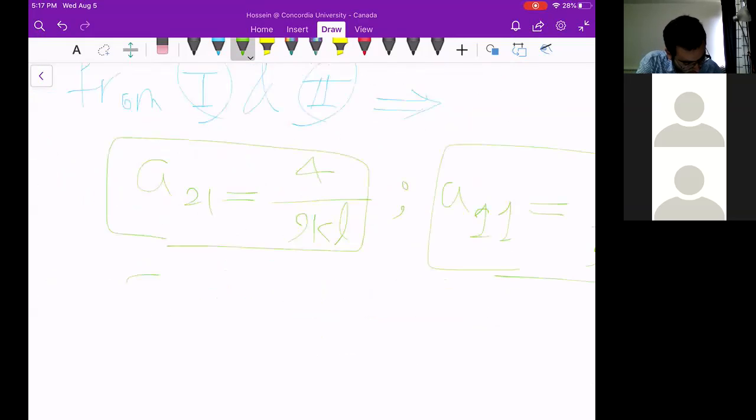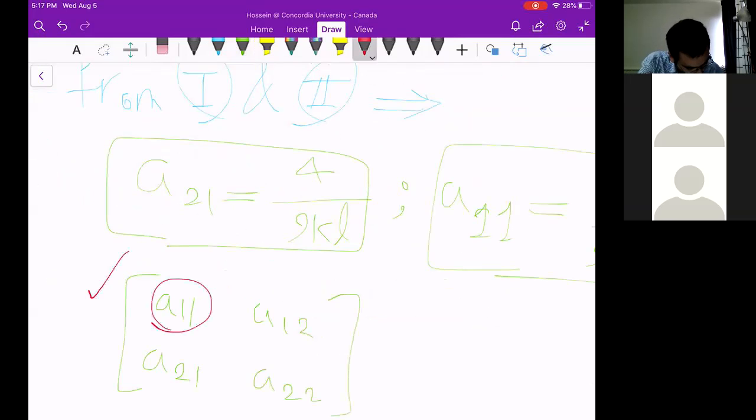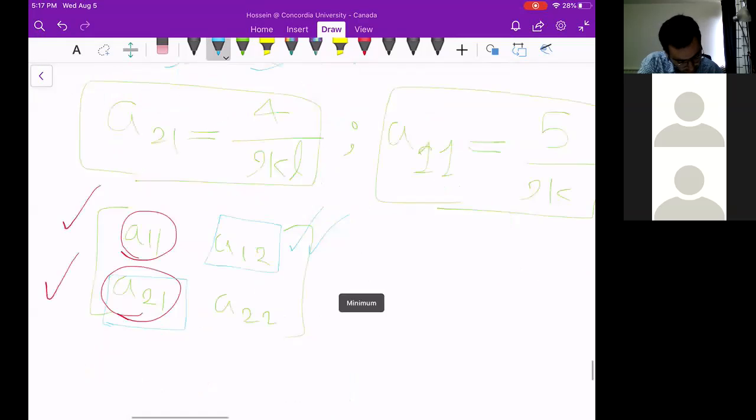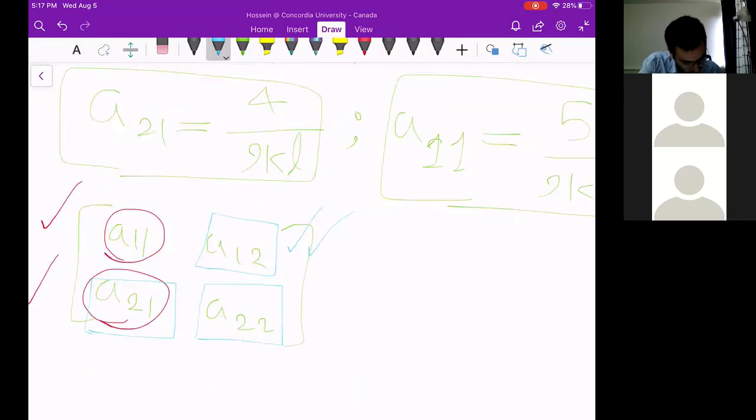So A11, A21, A12, A22. So we already obtained this. We obtained this one. These should be the same. Therefore, this is obtained. The only array left is A22.